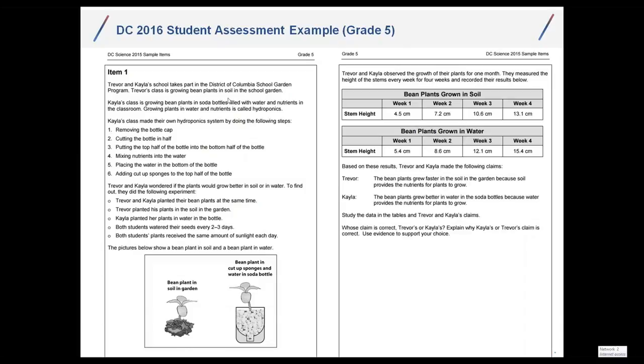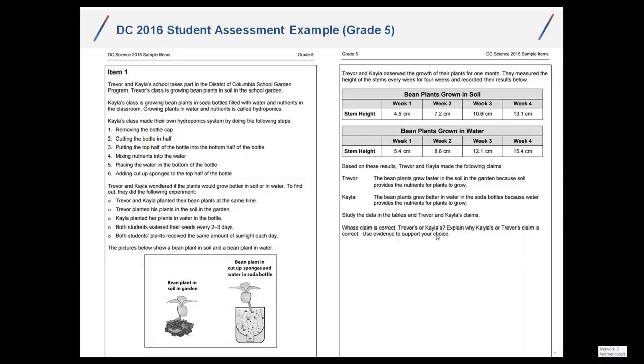Trevor and Kayla, they did this thing in their class with hydroponics. They created this apparatus. They got these particular results. And the student being tested is asked whose claim is correct, Trevor or Kayla, because their claims are opposing, and explain why that claim is correct, and use evidence to support your choice.